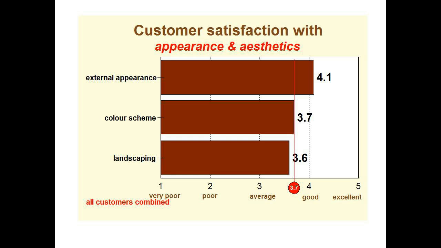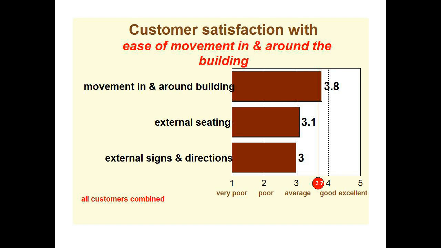Appearance and aesthetics. Looking through here, we can see generally the architecture of the outside of the building and how it sits on the site and how it appears to the eye. The results here all appear to be very good. Everybody's very satisfied and very happy with how the building has turned out. Having said that, our questions that explore a little bit further the functionality outside the building find that external signs and wayfinding, direction finding, and external seating are really quite poor.